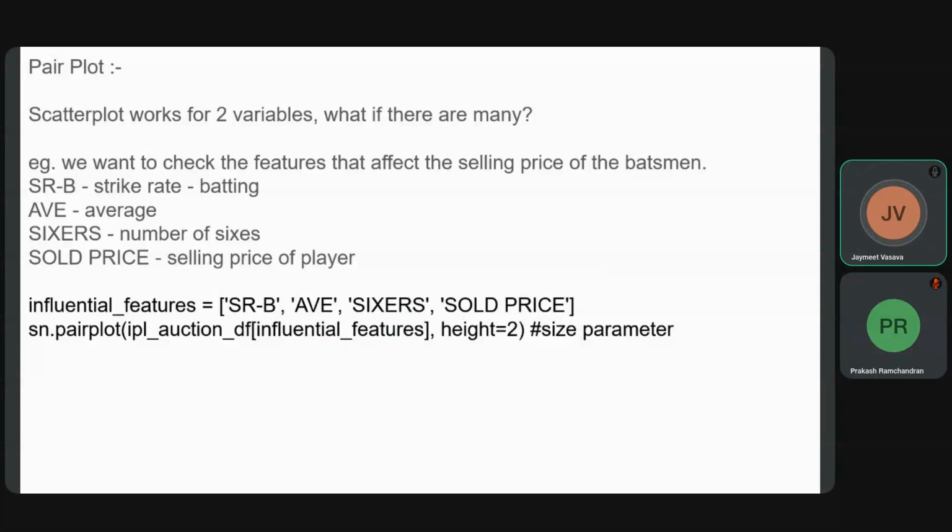We are directly using the IPL auction DF and not the batsman DF, along with the list of features called influential features, and then height equals 2 for the size of the plot. You can see what kind of changes happen when you move from a height value of 1, 2, 3 and so on.